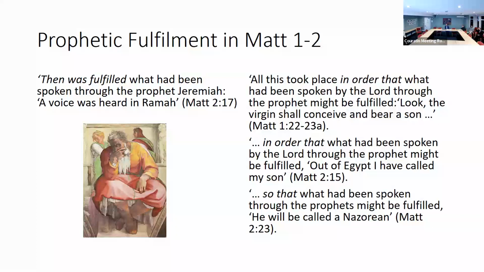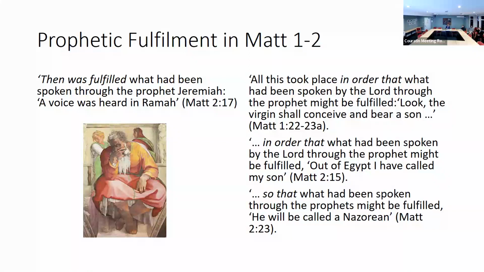"Look, a virgin will conceive and bear a son." In order that what had been spoken by the Lord through the prophet might be fulfilled, "Out of Egypt I called my son." So that what had been spoken through the prophet might be fulfilled, "He will be called a Nazarene." Here, Matthew is content to effectively make a statement of fact rather than an explicit statement of divine purpose.